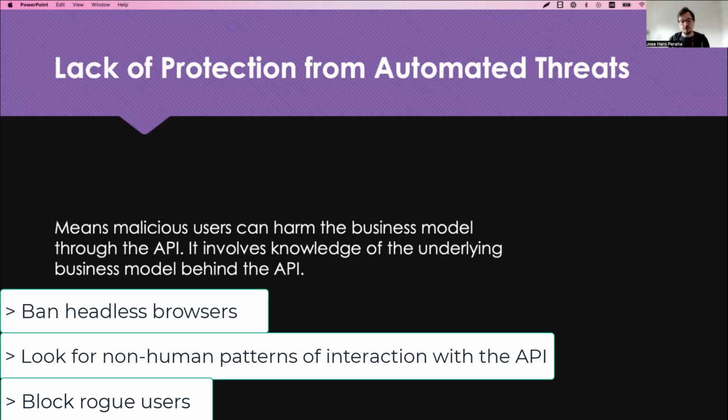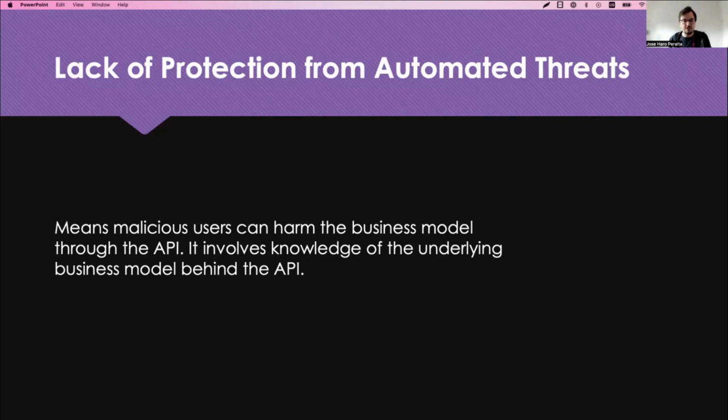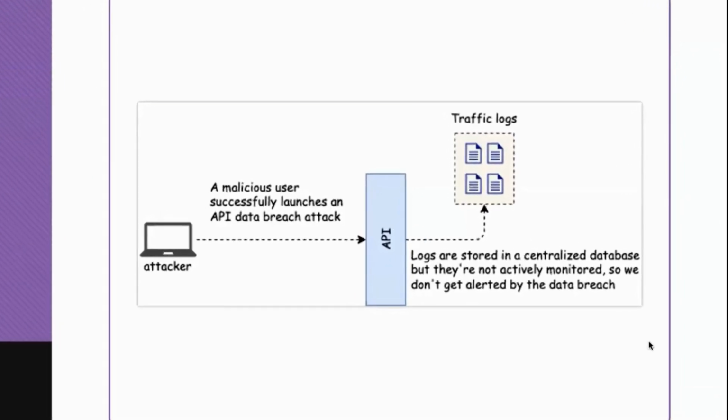We can block the user. If they're coming from the same IP, we can do the same. But again, it's a difficult vulnerability to handle, and we need to collaborate here with business intelligence and with application security to make sure we have as many measures as possible in place to protect ourselves against this type of attack.